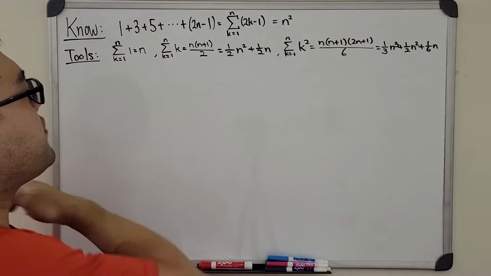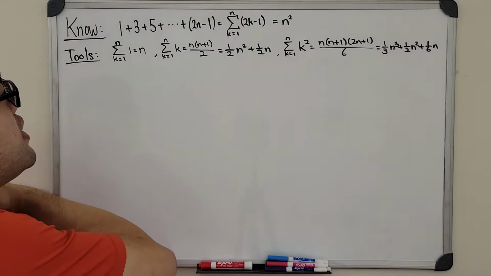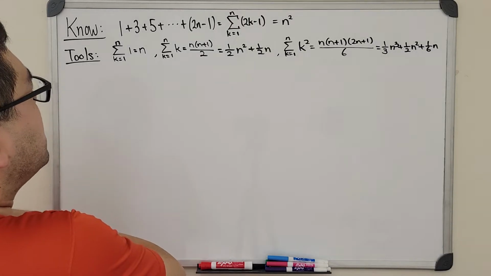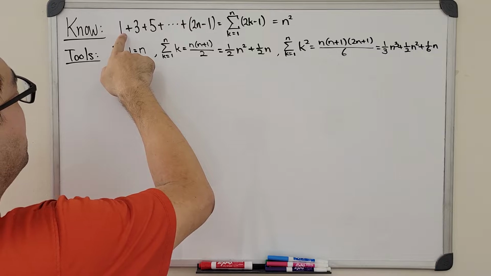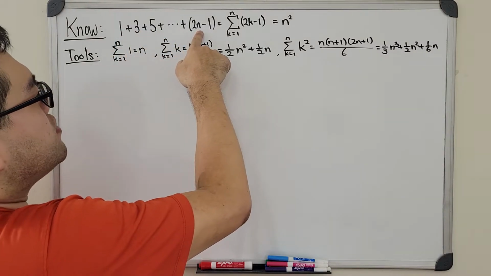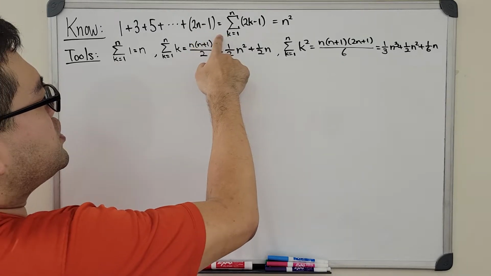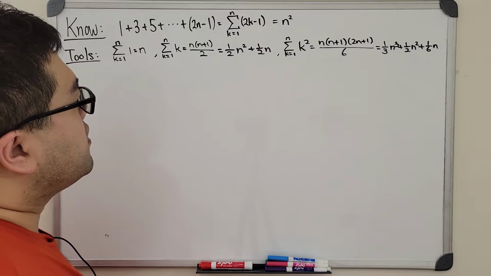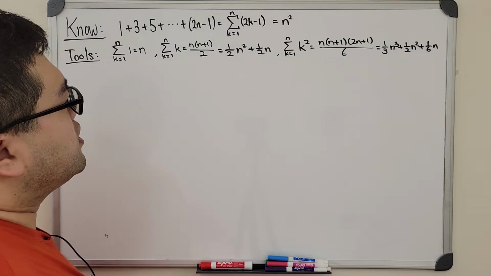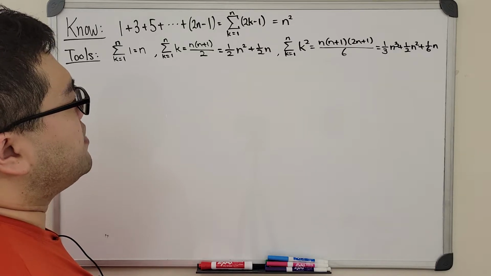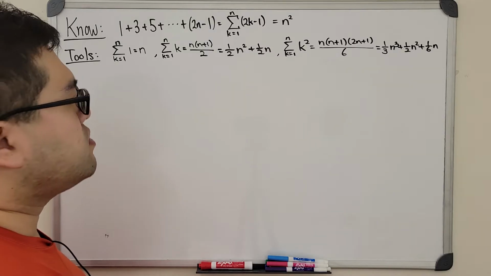So first, we're going to do the following. We have already known that, suppose that this is true, okay? The sum of 1 plus 3 plus 5 plus all the way to 2n minus 1, which could be expressed in the summation notation for k starting from 1 to n of the terms 2k minus 1, will be equal to n squared.